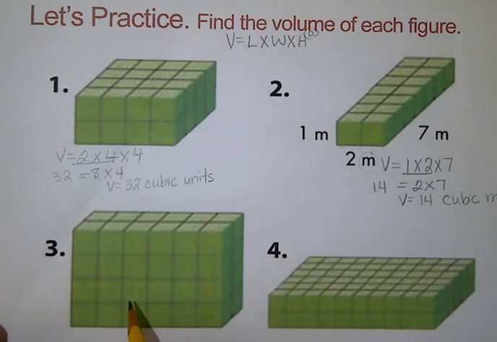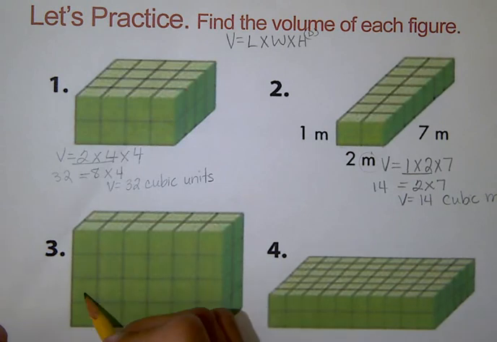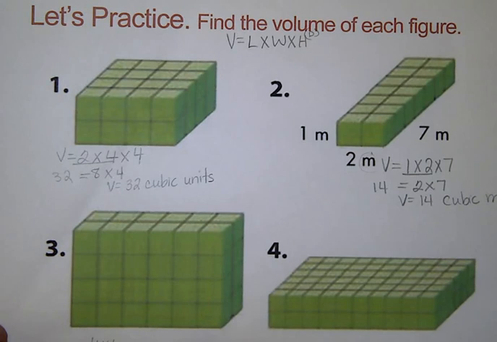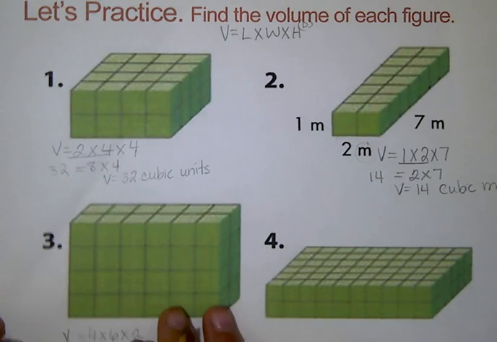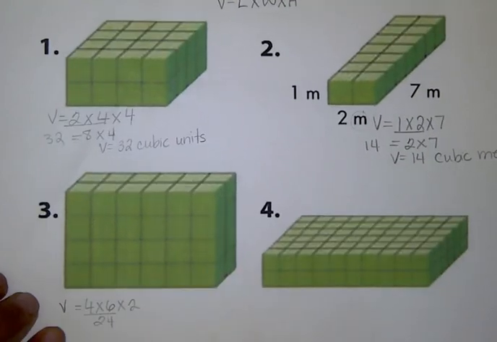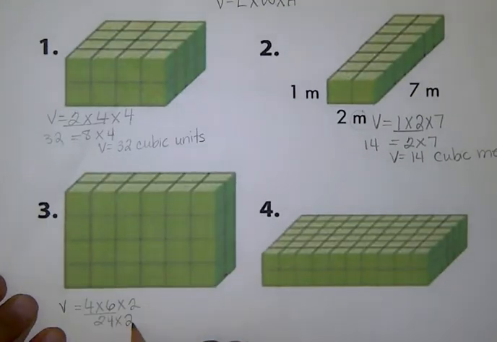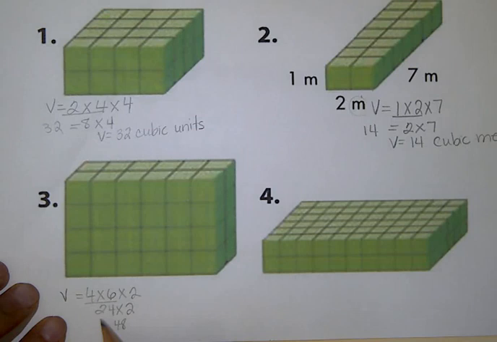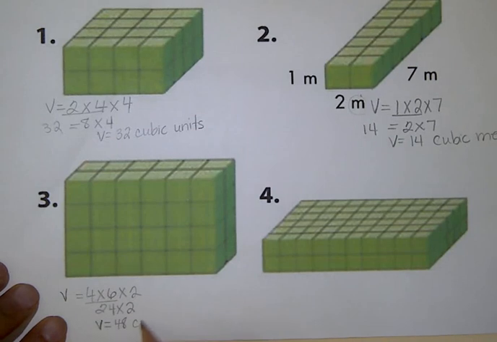Okay, let's look at number 3. 4 times 6 times 2. So 4 times 6 is 24 times 2 is 48. So volume equals 48 cubic units.